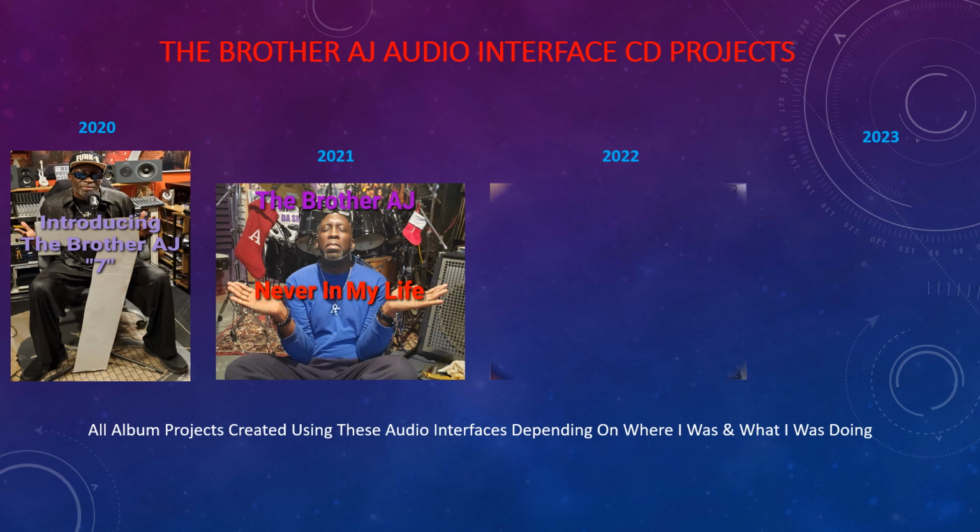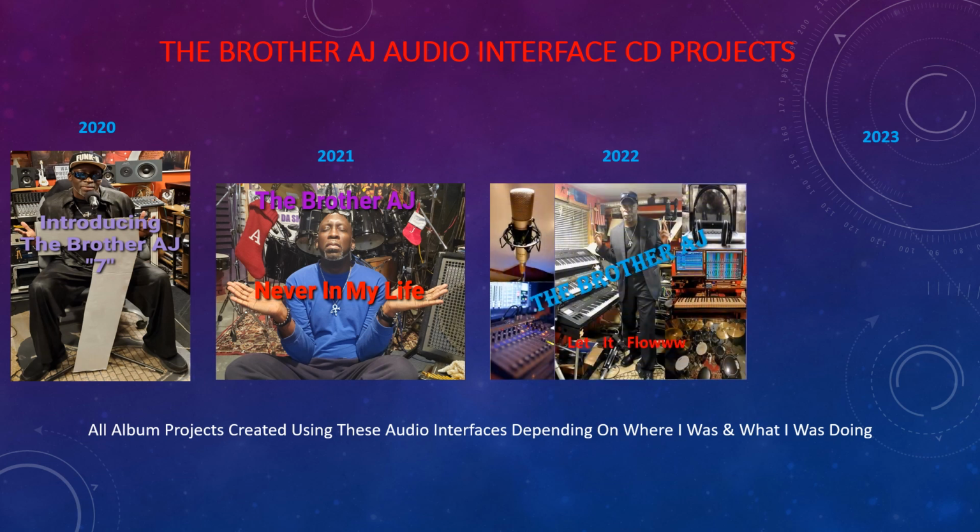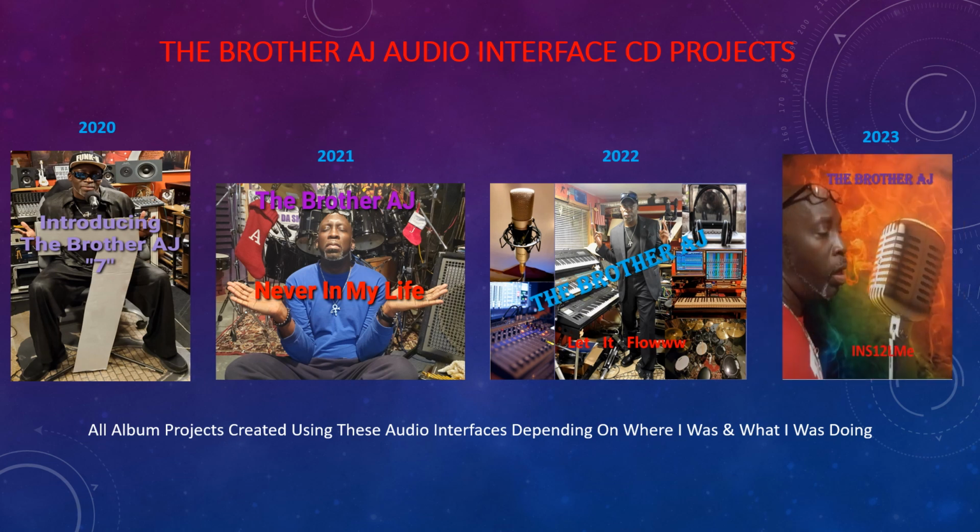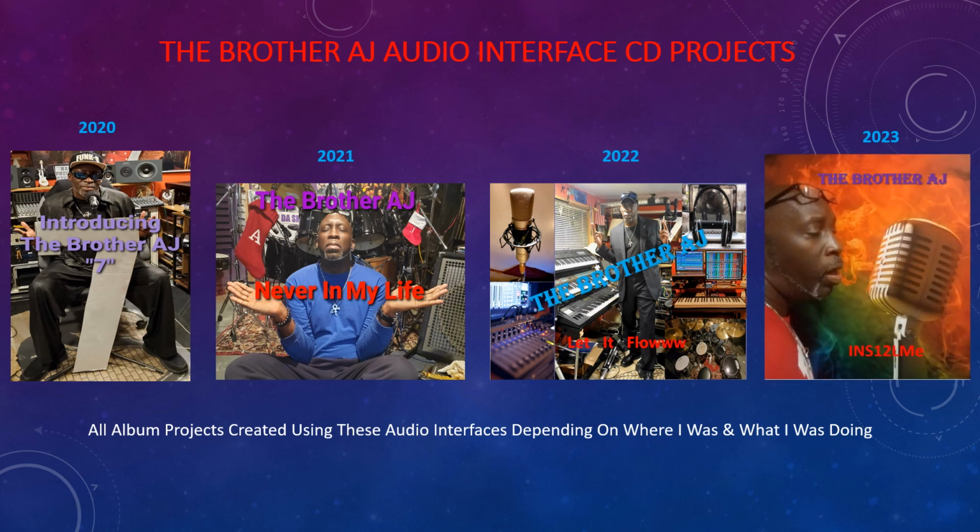In 2022, I dropped my third album, called Let It Flow. And last year, I dropped my fourth solo CD project, entitled INS12L Me, and all of those album projects were created using all of these audio interfaces depending on where I was and what I was doing.